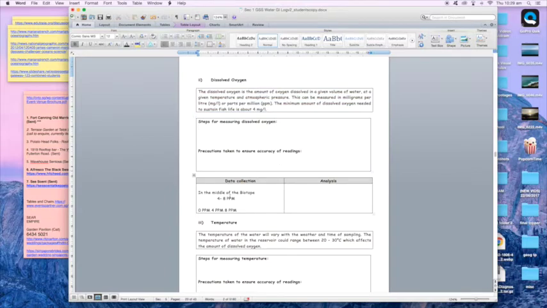So this is definitely saying that the amount of dissolved oxygen in the middle of the biotope is sufficient to support fish life, or to sustain fish life.